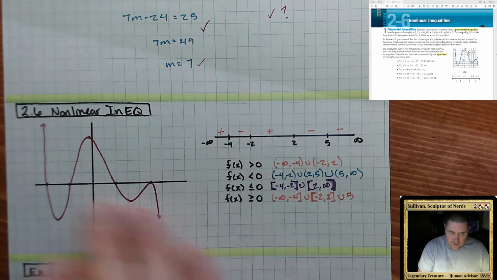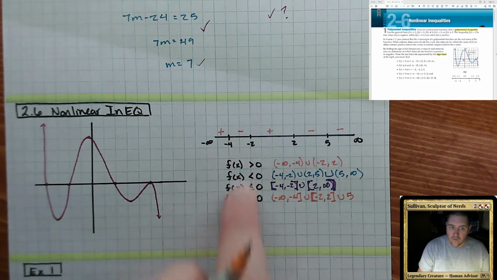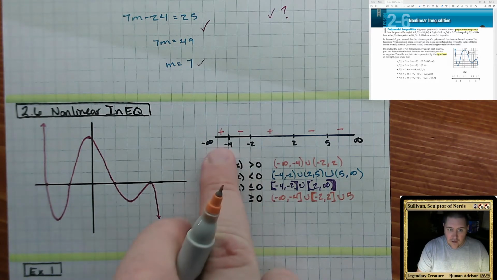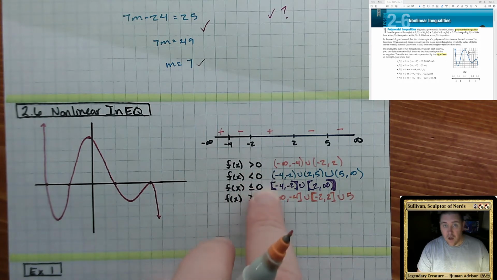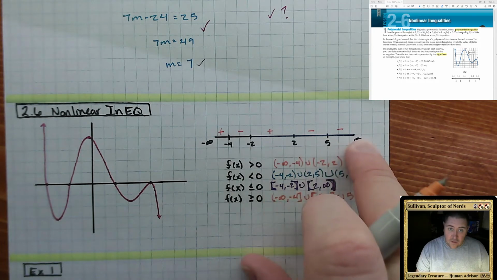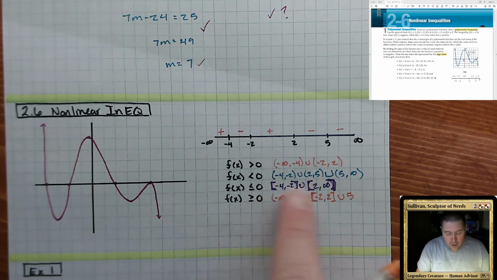So this idea is that I solve nonlinear inequalities by setting them unequal to 0, find the zeros, because that's a dividing line between greater and lesser, and then just watch out for my brackets and parentheses and all that kind of stuff.